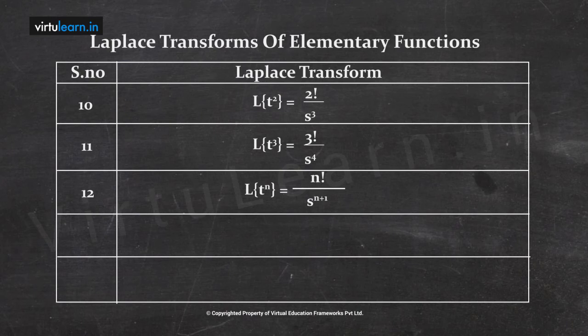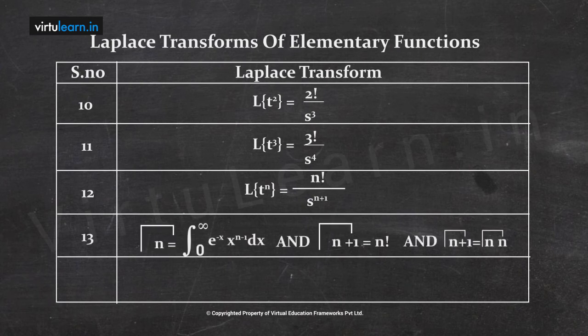Next, this gamma we already got here, that's why I am explaining the gamma function. It is also important while solving problems. I am not explaining the whole gamma function chapter, just a few definitions. The definition of gamma n is the integral from 0 to infinity of e power minus x, x power n minus 1, dx. Here x power n minus 1 and e power minus x are there, and the limits are 0 to infinity.